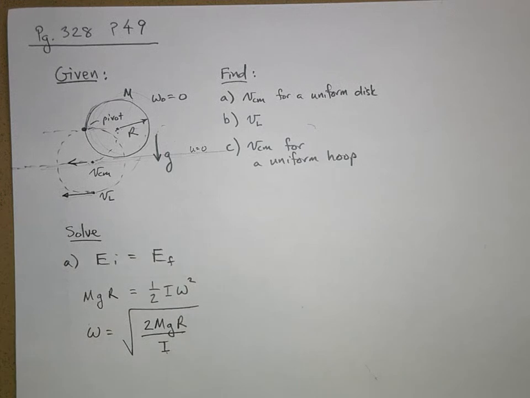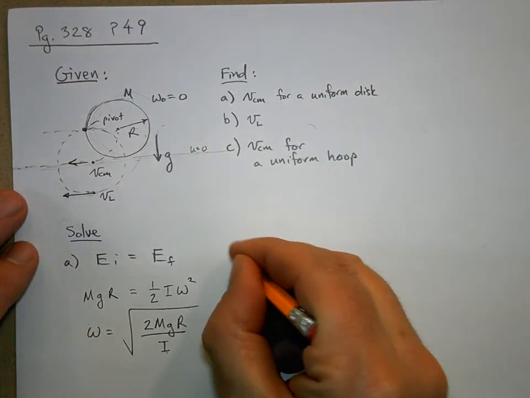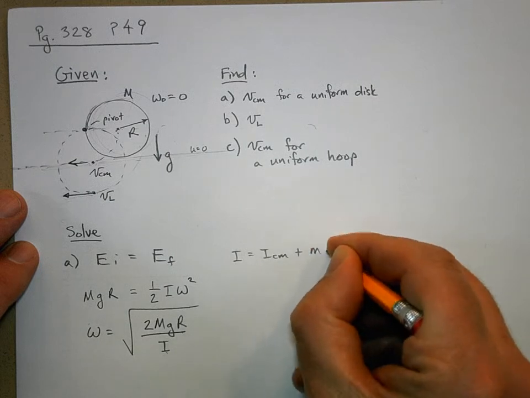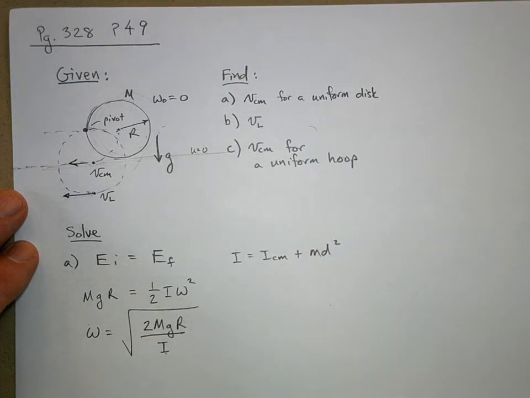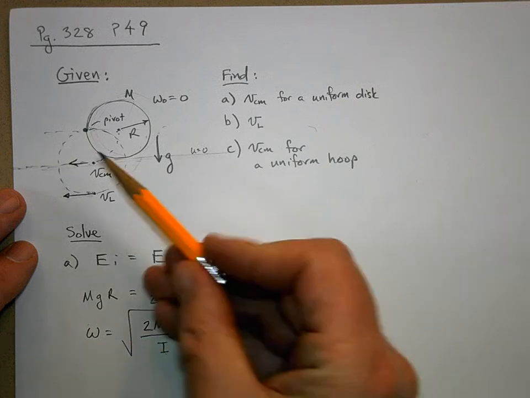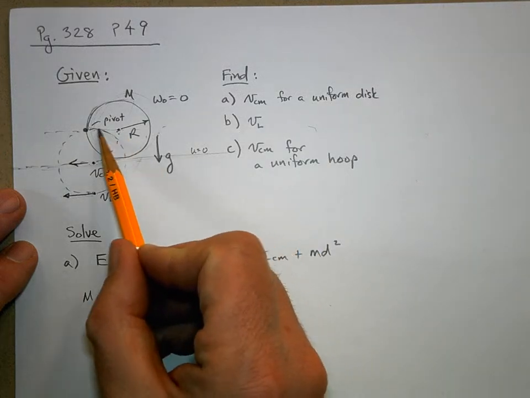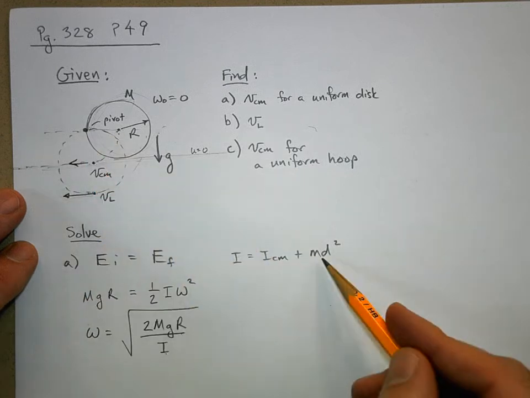Hey, on the exam, there's a problem where you have to use the parallel axis theorem. Make sure you don't forget about that. I equals I about the center of mass plus Md squared, where d is the distance from the center of mass to the axis of rotation. In this case, we moved the axis of rotation from the center out here, which is just r, so d is r.